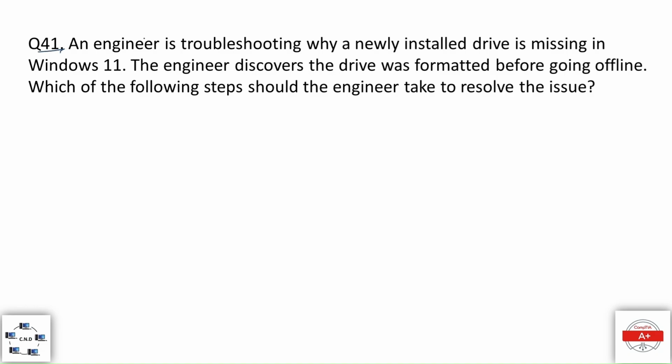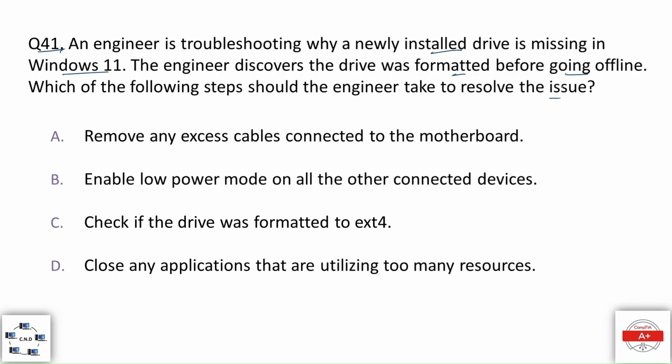Question number 41. An engineer is troubleshooting why a newly installed drive is missing in Windows 11. The engineer discovered the drive was formatted before going offline. Which of the following steps should the engineer take to resolve the issue? The options are: option A, remove any excess cables connected to the motherboard. Option B, enable low power mode on all the other connected devices.